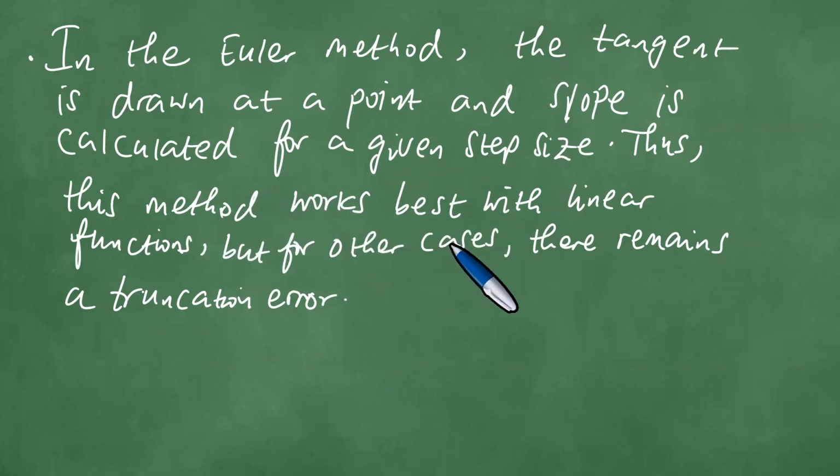Thus, this method works best with linear functions. It works best, obviously, with linear functions. But for other cases, there remains what you call a truncation error.